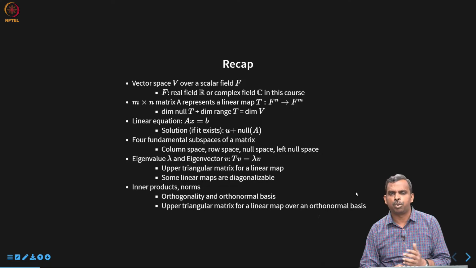So we'll see how inner product and orthogonality help us in simplifying some of the notions and connections between these four fundamental subspaces and linear maps. And we saw one very nice result: in an inner product space, when you have a proper inner product defined in the vector space, for any linear map there exists an orthonormal basis such that the matrix representing that linear map in that basis becomes upper triangular.